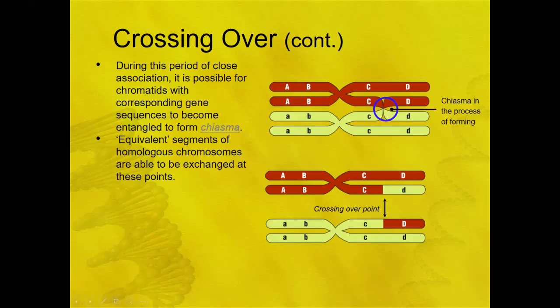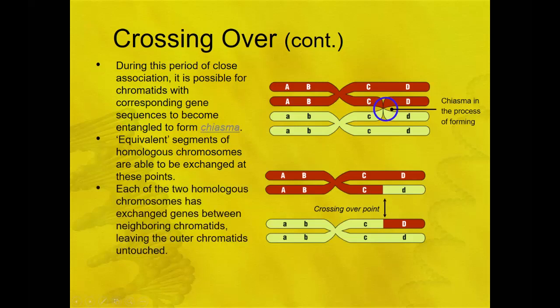There's that crossover point. There's the chiasma where that crossover occurred. Each of the two homologous chromosomes has now exchanged some genes between the neighboring chromatids, leaving the outer chromatids untouched. Notice that the top and bottom chromatids are unchanged. It's only the inside chromatids, the ones that were lined up next to each other, which have swapped information and become new combinations.